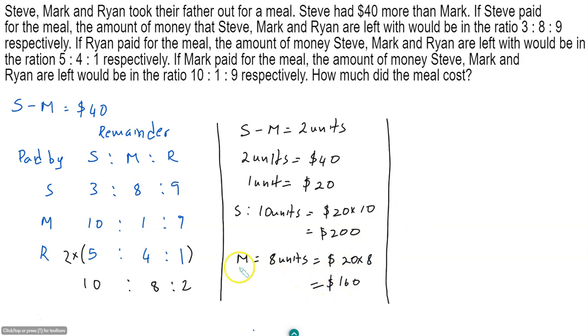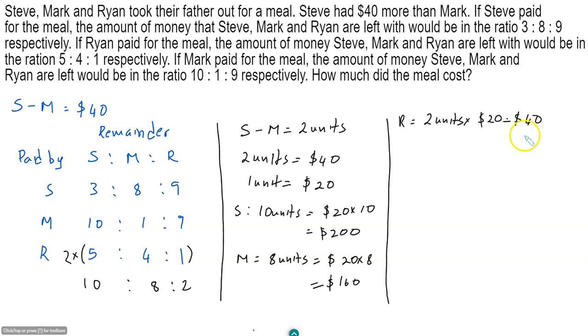Now let's look at how much money is left with Ryan. So Ryan has 2 units times $20, which is $40. So this is the amount of money he has after he has paid. So $40 is the amount he had after he had paid for the meal.